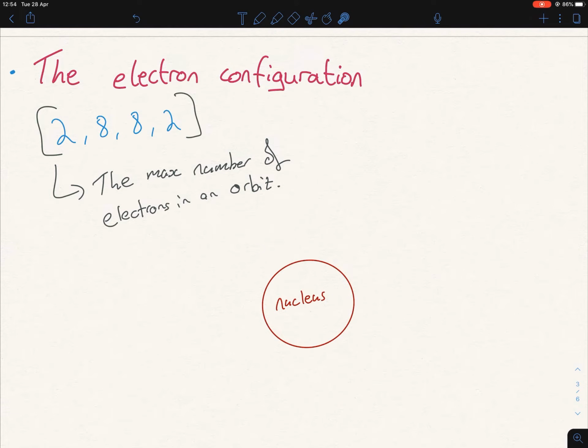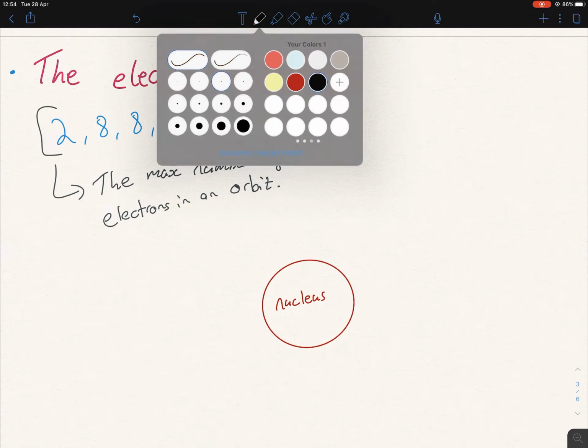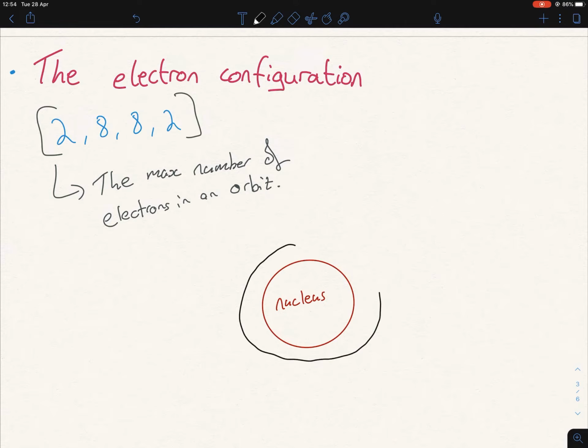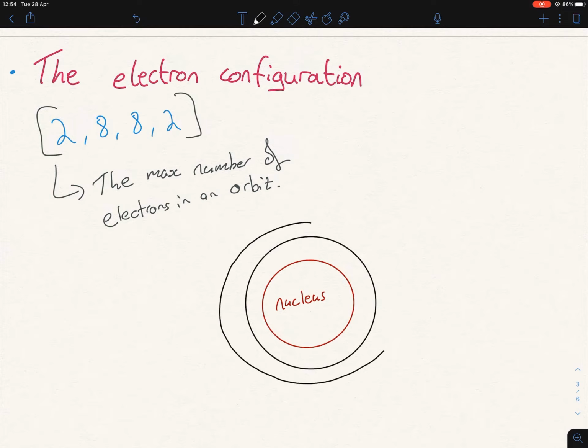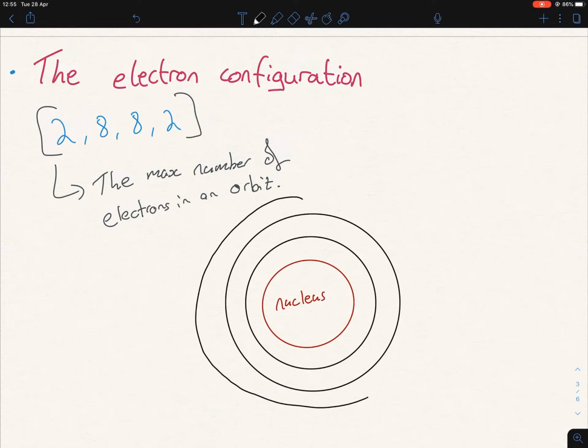Now the electron cloud is actually broken up into different sections, and each section is called an orbit. So for instance, we have one orbit here, another orbit here, and another orbit here. So we have all these orbits going around the nucleus.